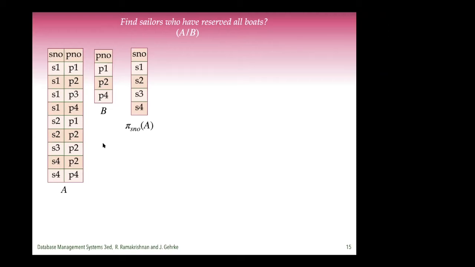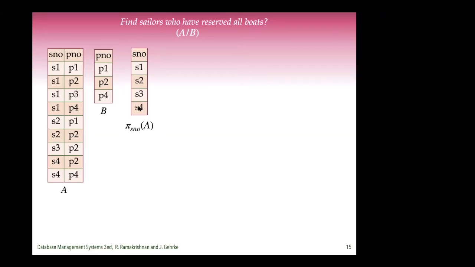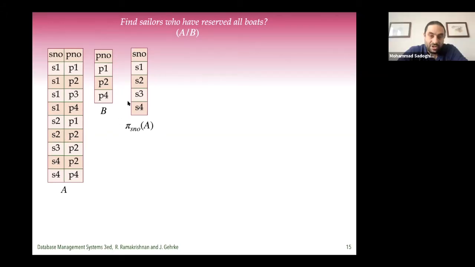Could you now do A with the cross product of this new list? What's the other side of the cross product? The new list that we just got. So this cross product is?